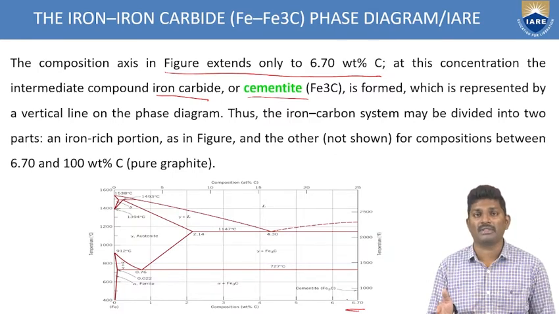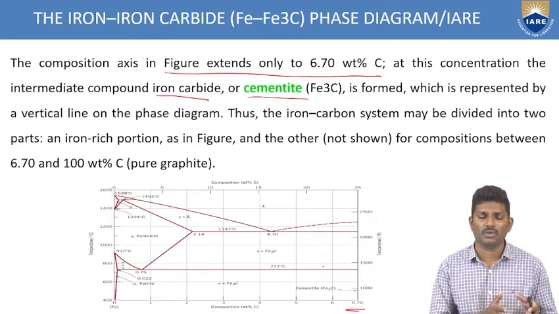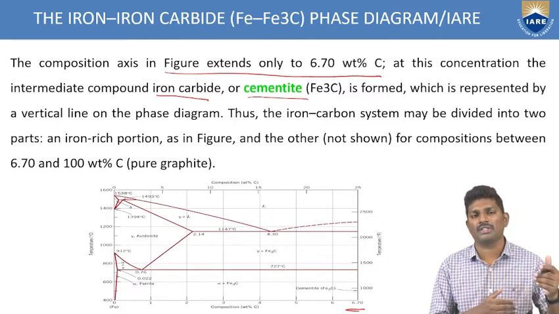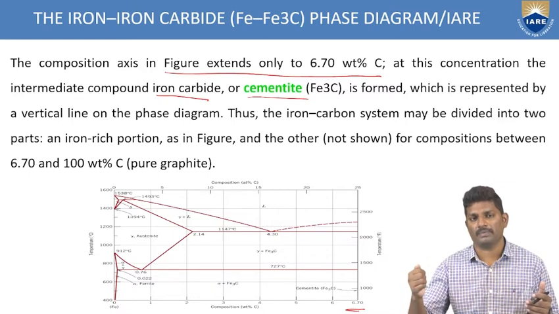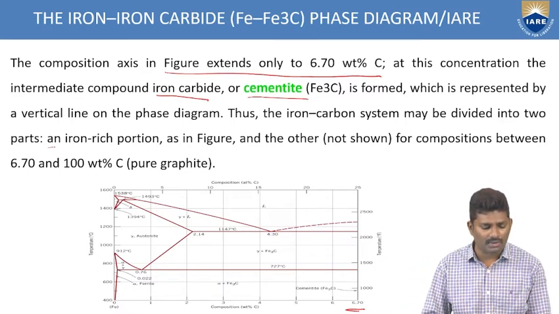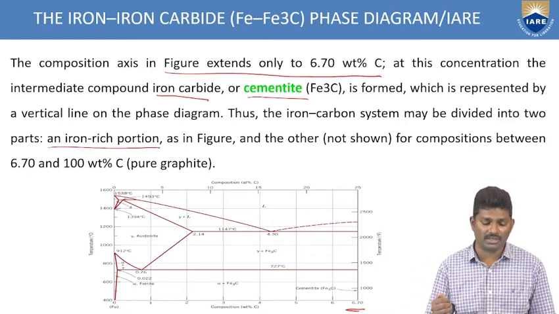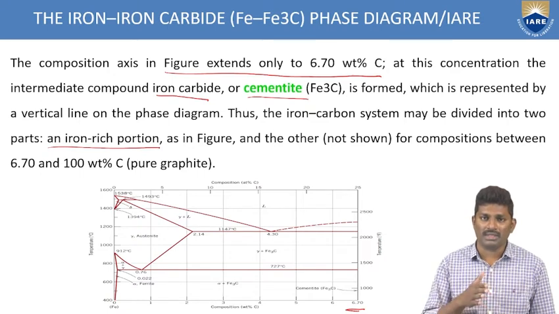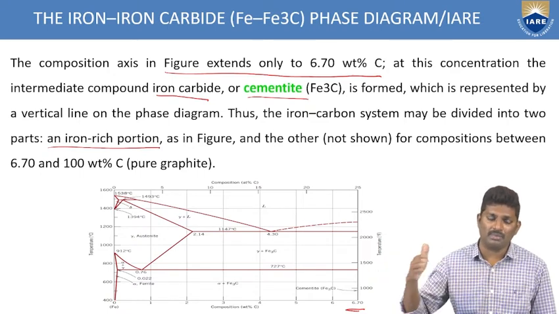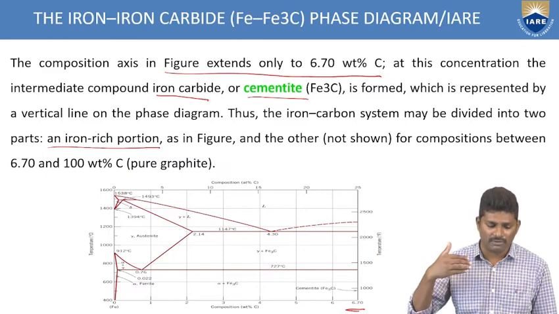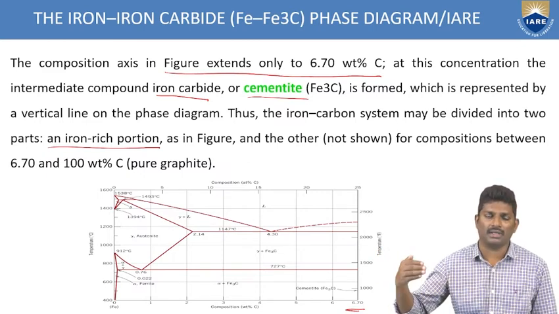So thus the iron carbide system may be divided into two parts, by rich composition of iron or rich composition of carbide. So one is the rich iron composition, which is not shown. Why? Because at the extreme right, up to 100%, if you go, then you are getting the full carbide-rich portion.